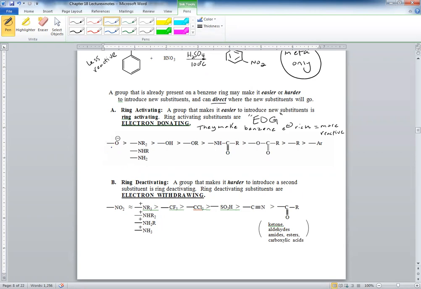So first of all, if you have an oxygen with a negative charge on it, all the way to OR, these are considered strongly activating. Let me make this a bit clear here.